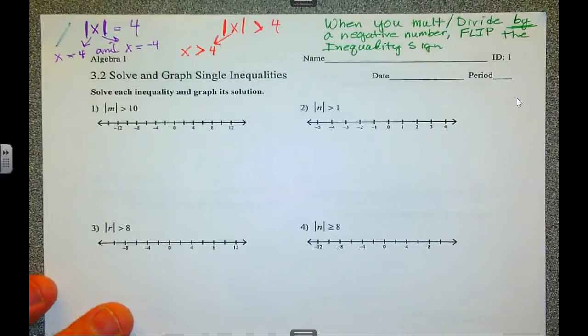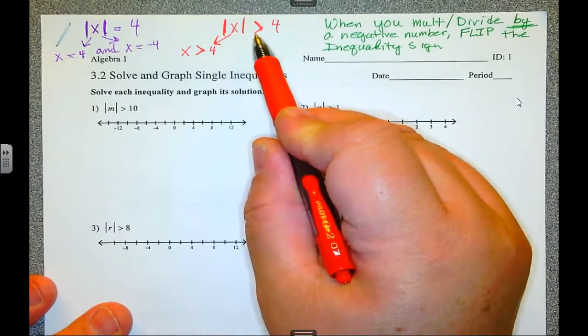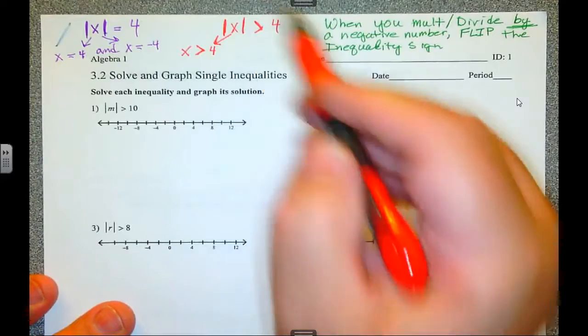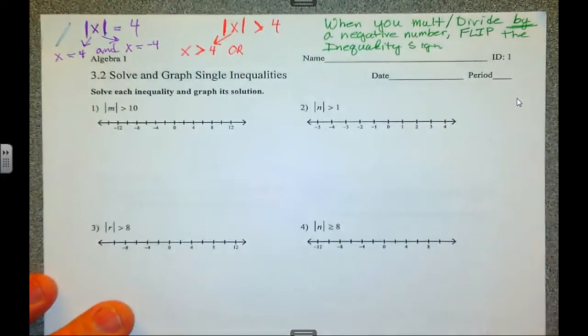Unlike the equation, I don't have a choice using the word and or. Okay? If I have a greater than symbol, or a greater than or equal to symbol, I have to use the word or. Yep, I have to use the word or.